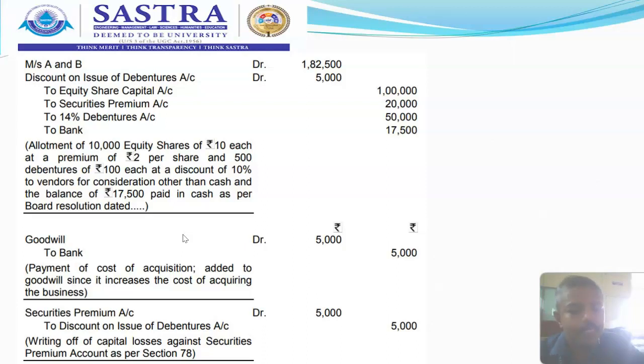What are the standard journal entries to be passed, which we discussed in the last class. Please go through that if you have any doubt. Now I will take you through passing the journal entries with respect to these transactions.